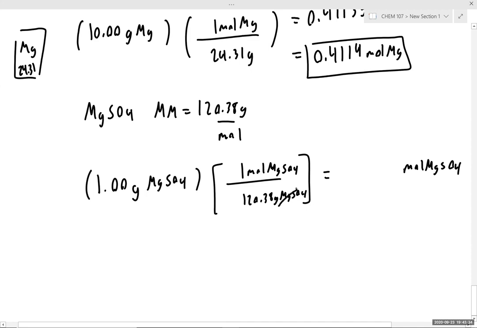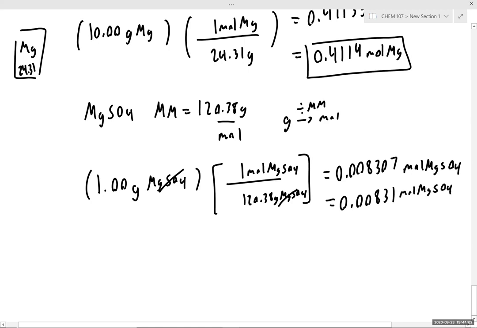Yeah, nothing has changed. So just like before, to go from grams to moles, we divide by our molar mass. So in this case, we divide by 120.38, and that gives us 0.008307 moles of magnesium sulfate that we round to 0.00831 moles of magnesium sulfate. Does this example make sense to everyone? Yes.